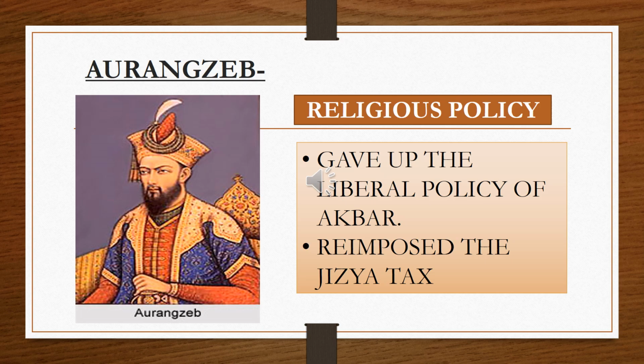He also reimposed the jizya tax, which used to be collected by the Muslim ruler from the non-Muslim people who didn't convert to Islam. This tax was abolished by Akbar, but Aurangzeb again reimposed it, which led to many political rebellions.